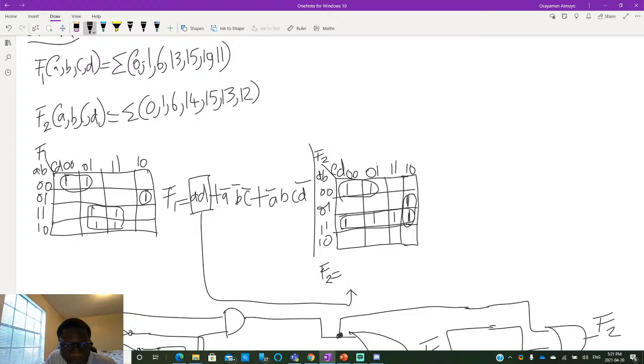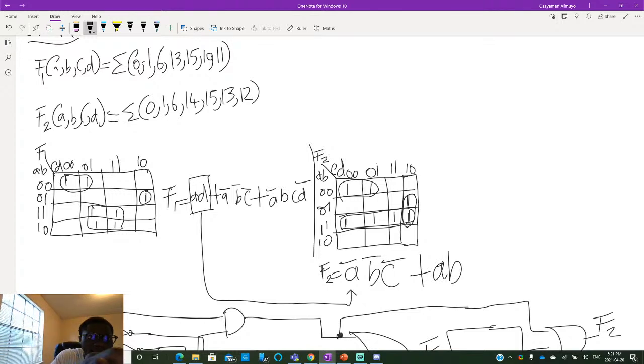Okay, so for F2, just to resimplify, we have A bar, B bar, and C bar. That's the term we share. My bad, I made a mistake. And then you have AB as well. So AB is not the term we share.